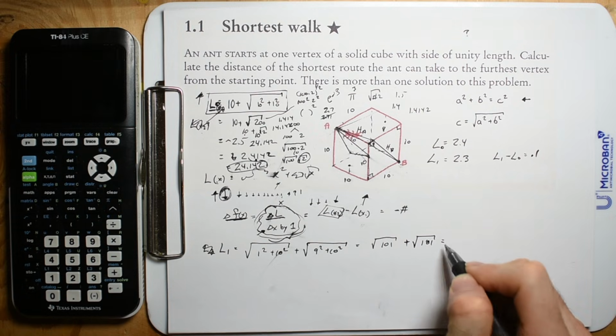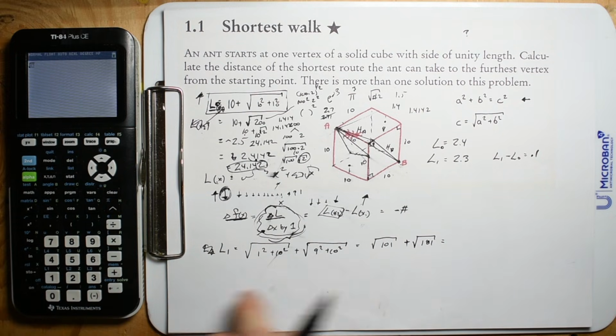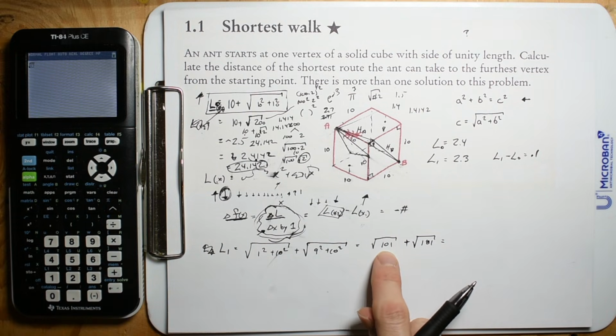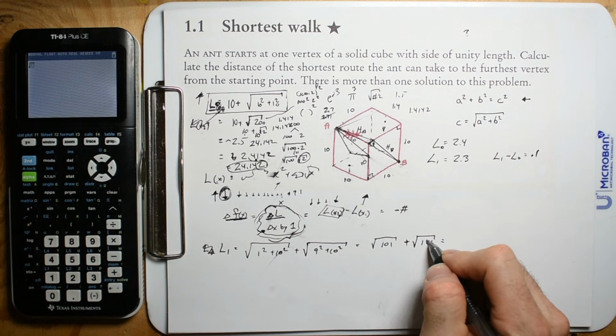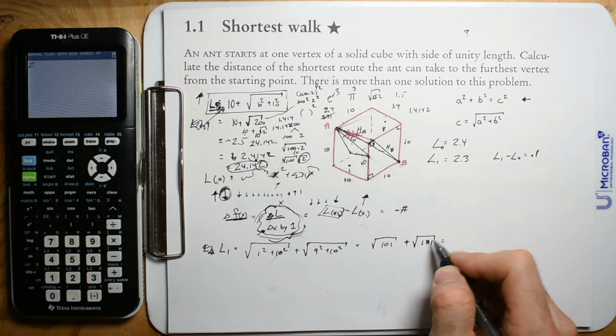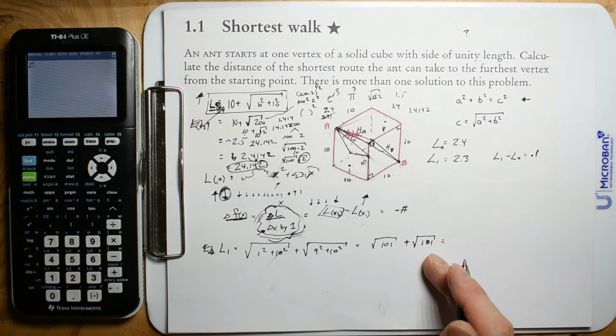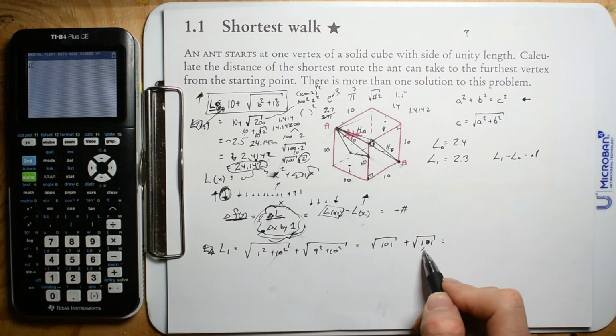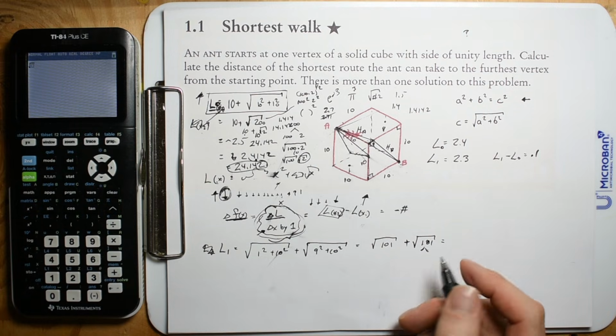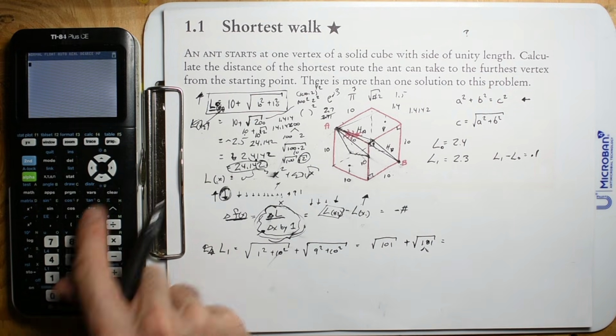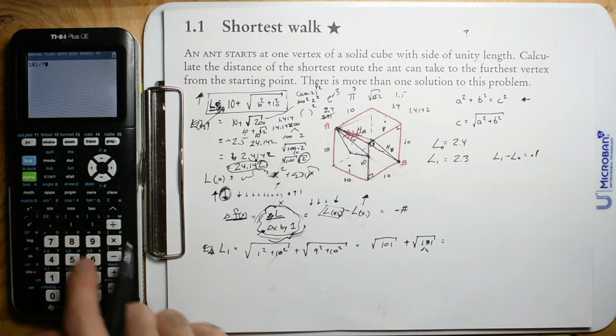And that doesn't really help us because I really can't factor 101. I think it's a prime number. And 181, I don't know, that could be non-factorable too. It's not a factor of 3, it's not a factor of 2. It could be a factor of other things though, like 7. 181 divided by 7, nope.